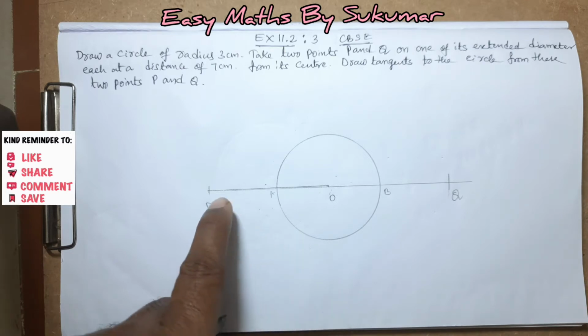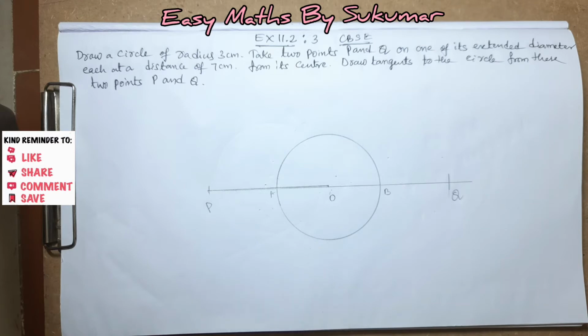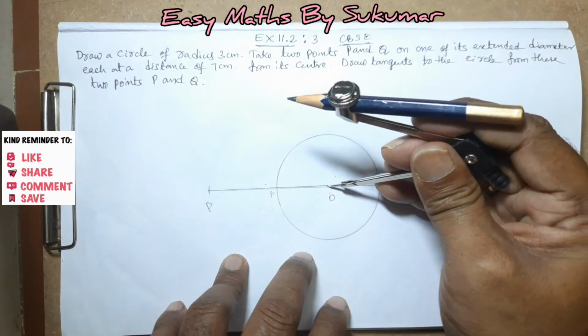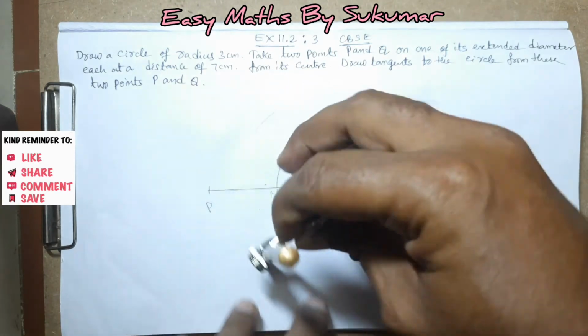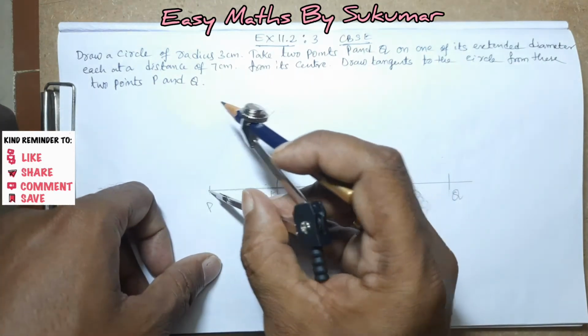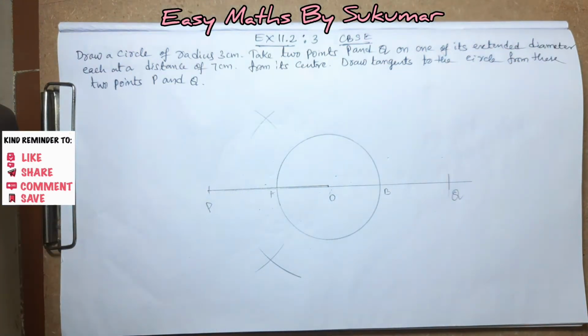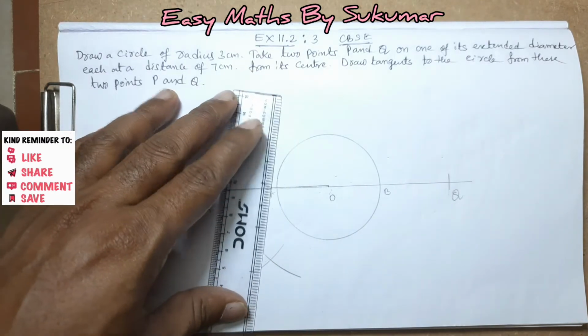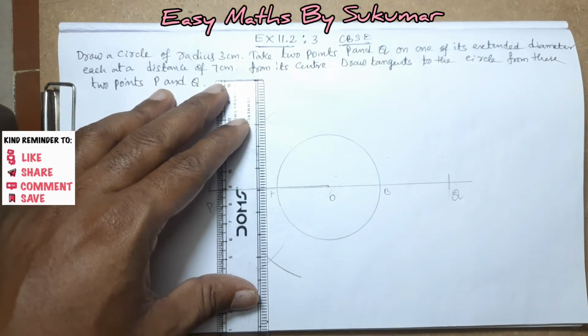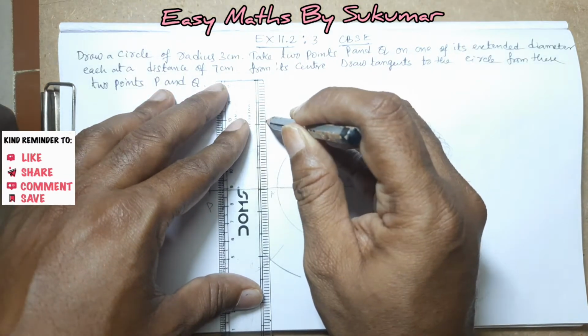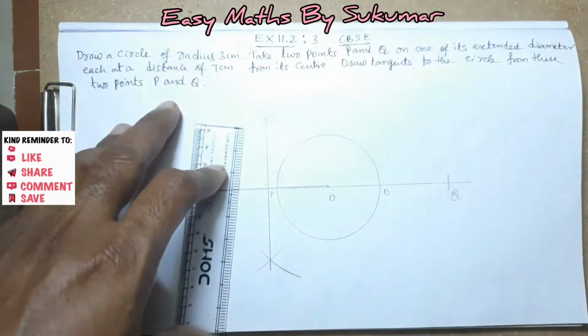Now from its center, draw tangents to the circle from these 2 points P and Q. Now what I am going to do here is draw the perpendicular bisector of this PO. Now join these intersecting arcs.